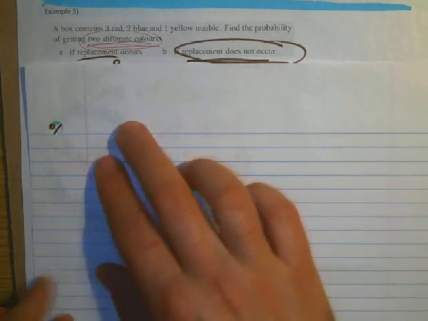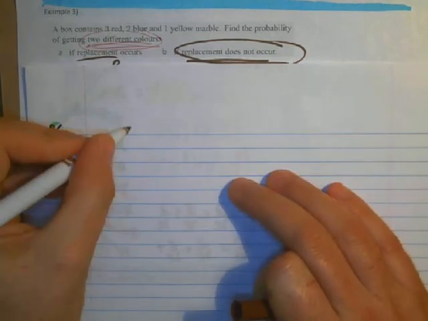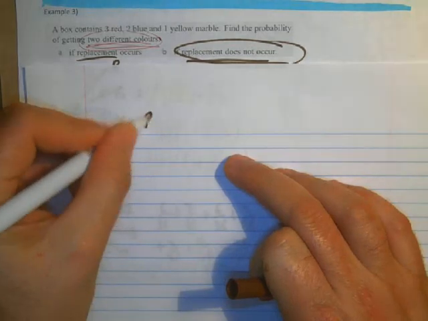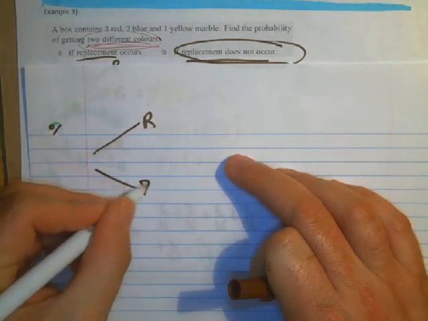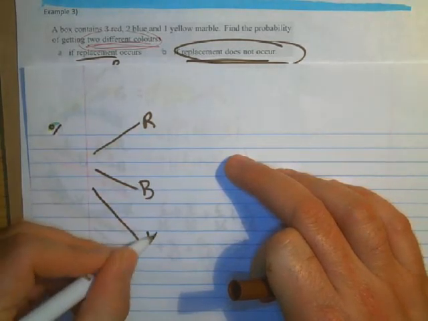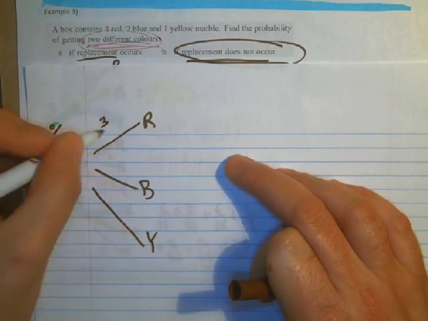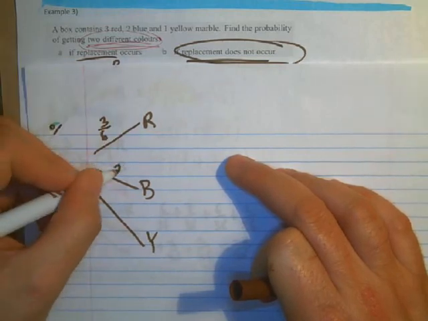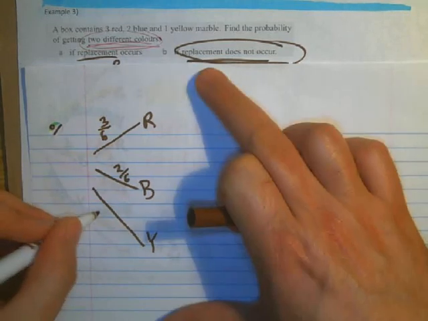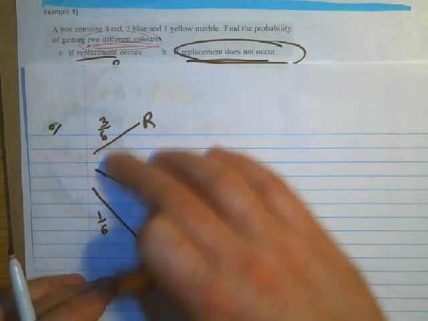So I'm going to redo this. If replacement doesn't occur, then we still have the red, yellow, and blue. We still have a 3/6 chance, 2/6 chance, and a 1/6 chance of red, blue, and yellow.